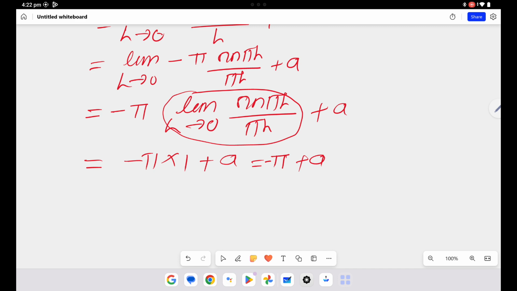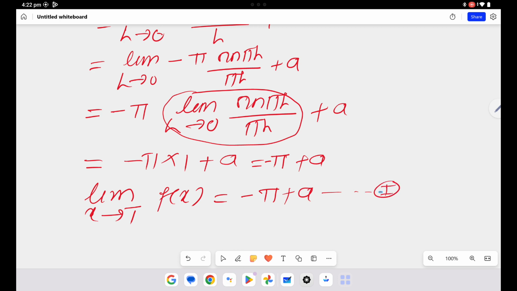Therefore the left hand limit, as x tends to 1 from the left of f of x, is equal to minus pi plus a. This is the left hand limit, equation first.